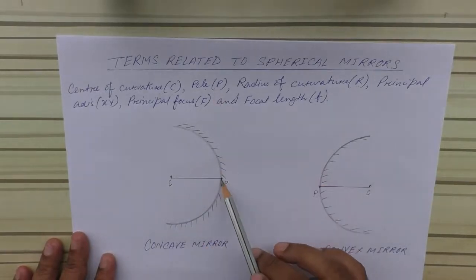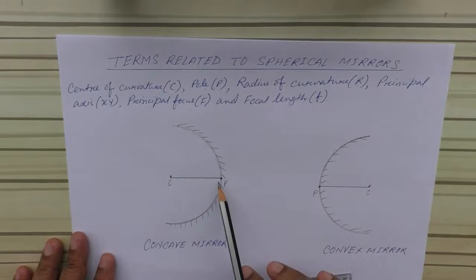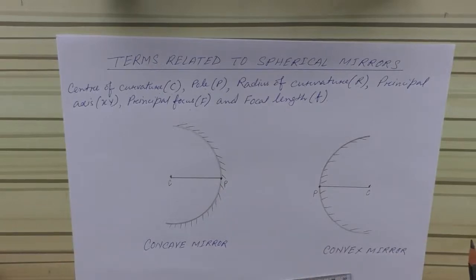Pole, the center point of the reflecting surface, is called the pole of the spherical mirror. Radius of curvature, the radius of the sphere of which spherical mirror is a part.